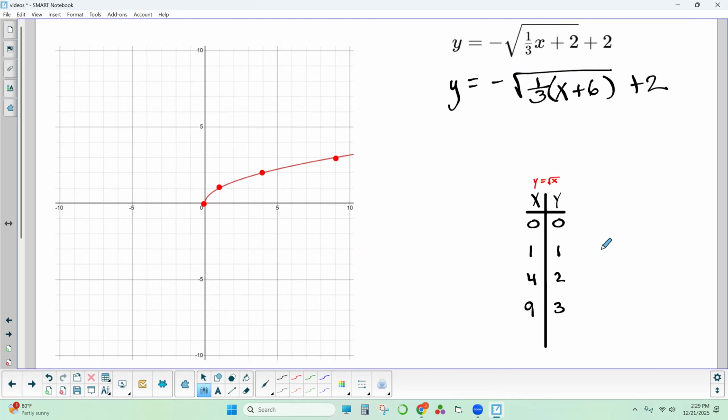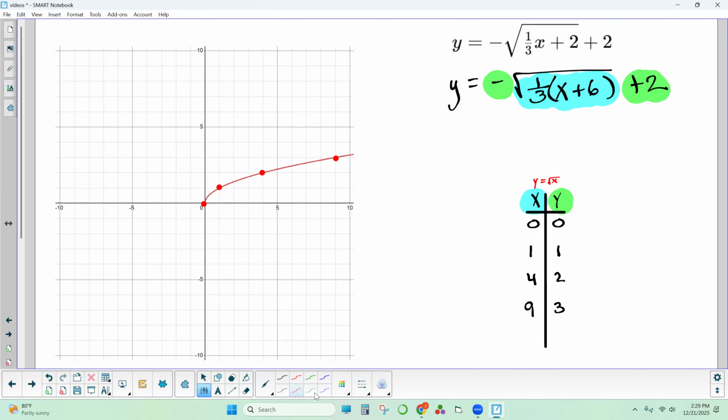So we are not altering or changing anything. We're just writing a factored form so that we can distinguish our transformations here. I will color code this one more time. Horizontal, always inside or under your radical, affects x, and outside vertical transformations affect y.